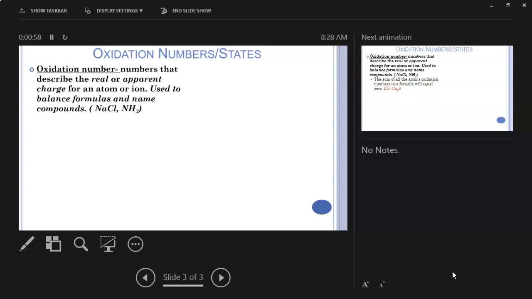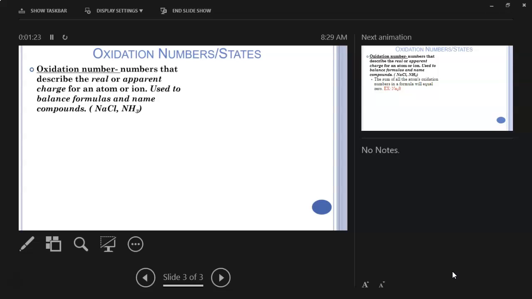But we could assign these oxidation numbers to the atoms in a molecule to show that the molecule is balanced out. That's where the term apparent comes from. We're not going to do that. We are solely going to be dealing with the true ion charge, and we call it an oxidation number.